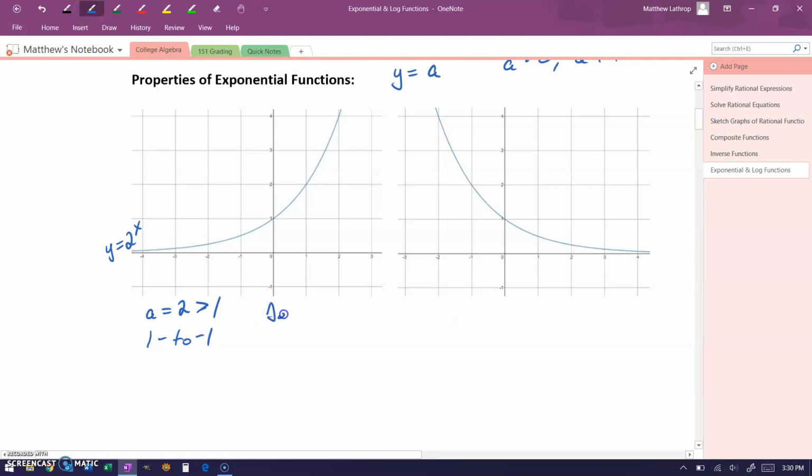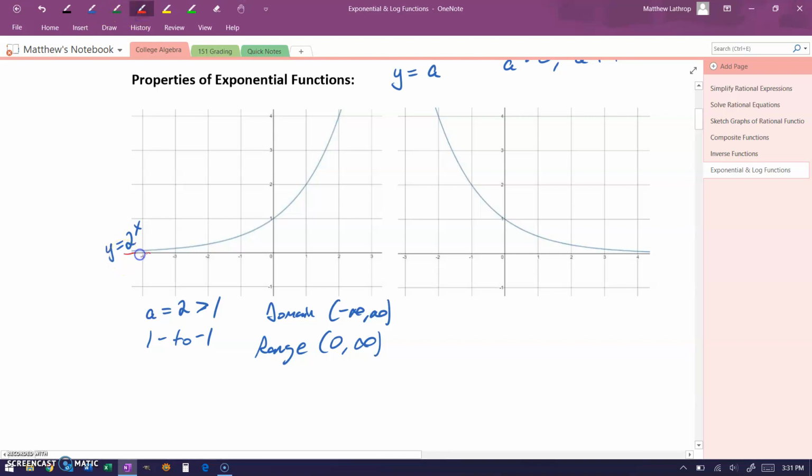It has a domain from negative infinity to infinity, and it has a range from 0, with an open bracket at 0, to infinity, meaning our function will continue approaching but never cross that line y equals 0.